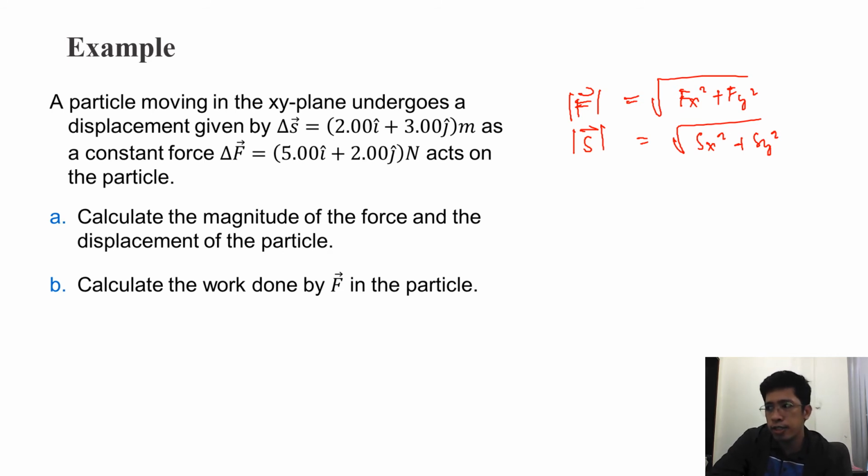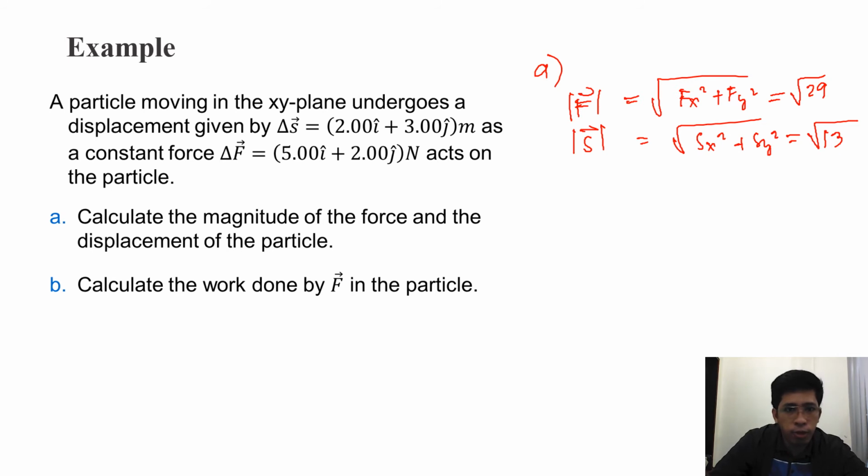Solving this, you can get some values for your delta F. This is around square root of 29, and for the magnitude of your vector S, this is square root of 13. So this is for A. I'm not going to dig in deeper to this one. You already know this one.